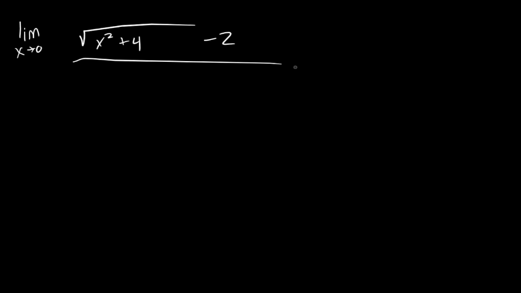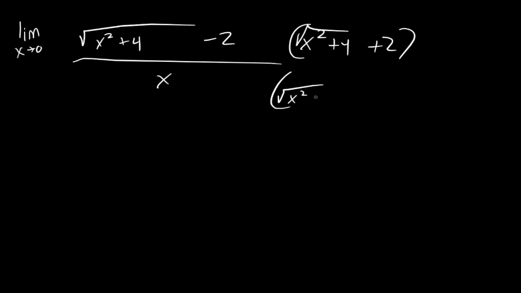I don't know why I made it so long, but okay. Then we're going to put that below x. Again, we're just going to multiply by the conjugate, so the square root of x squared plus 4, and then we're going to put plus 2 instead.